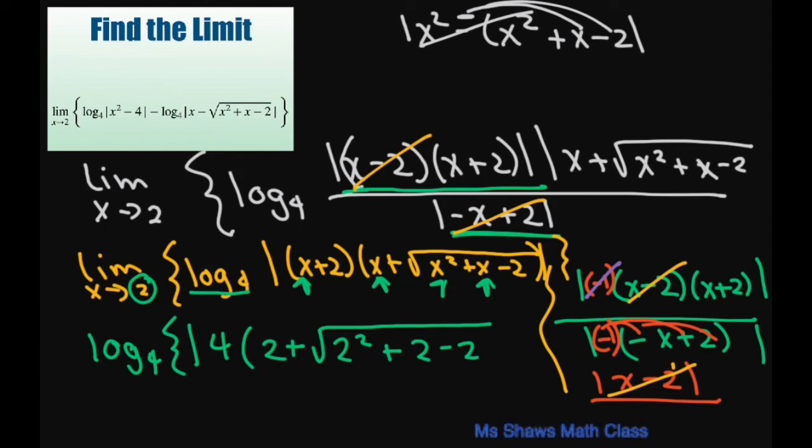All right, and what I've been doing is substituting in 2 for all of these. This is going to give you log base 4 of, and all of this is going to equal 16.